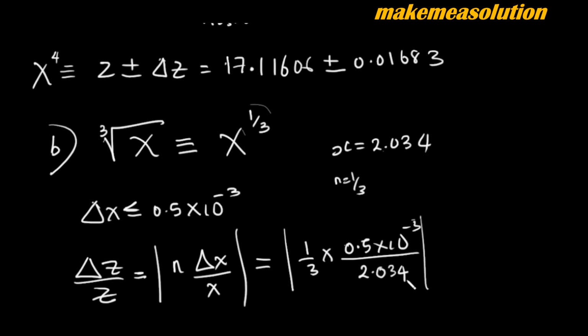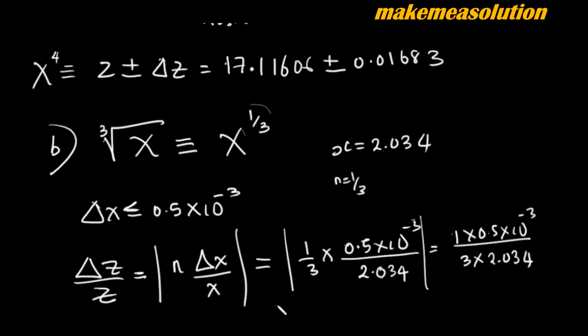So if we evaluate this, I don't need the absolute value now. I have 1 times 0.5 times 10 to the power of minus 3 divided by 3 times 2.034. So let's evaluate this.